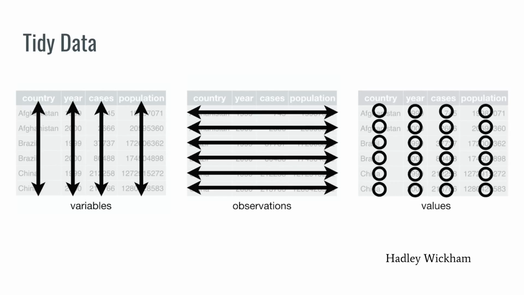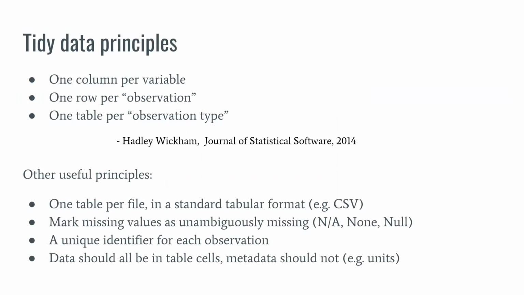And only your values into the cells. And this sounds simple, but I'll show you examples where it's not true. So those are those three principles written down. And exactly what you mean by observation type might depend on what data you're actually dealing with.